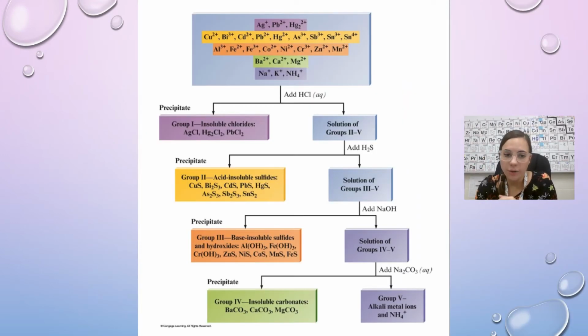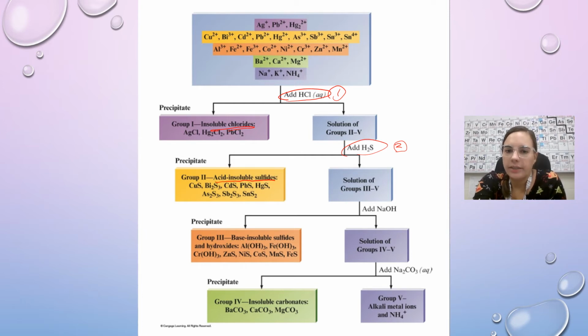So this chart right here summarizes all that we just talked about. The first thing we're going to do is add hydrochloric acid to get our source of chlorine to take out our insoluble chlorides. Then we're going to add hydrosulfuric acid, which is going to remove our acid-insoluble sulfides.